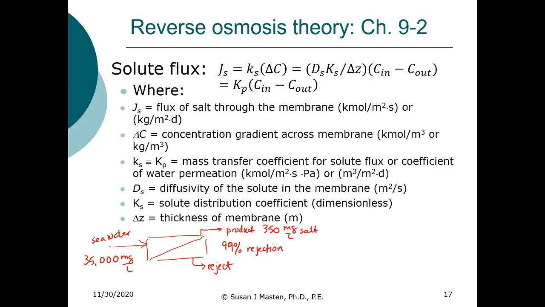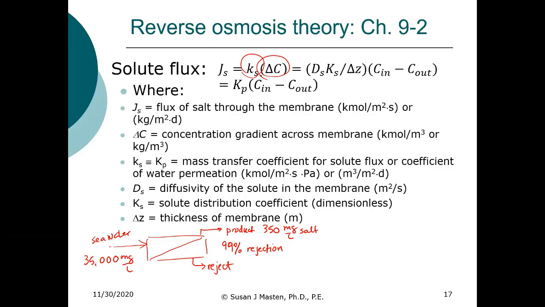So some of the salt will pass across that membrane. It's not 100% removal. And what this equation shows you is, one, it's dependent on the difference in concentration across that membrane surface. It's also a function of the membrane itself.